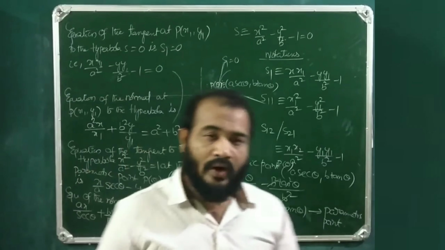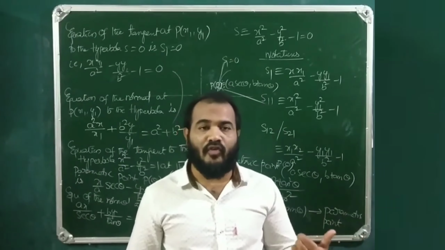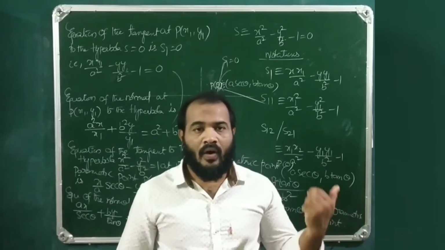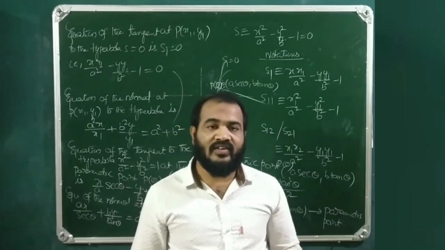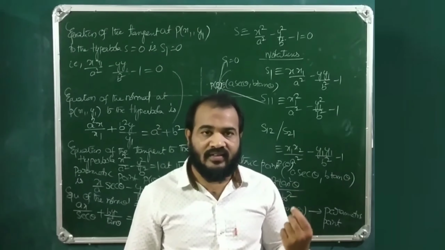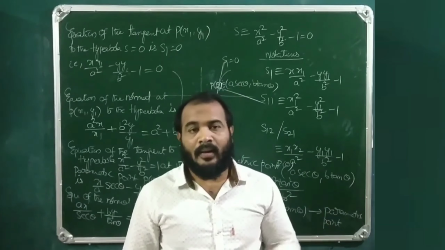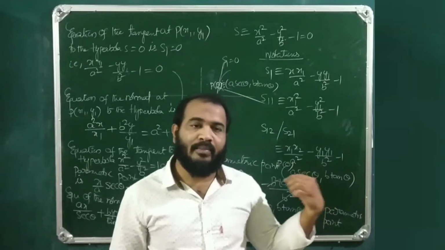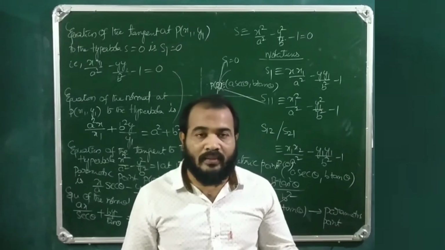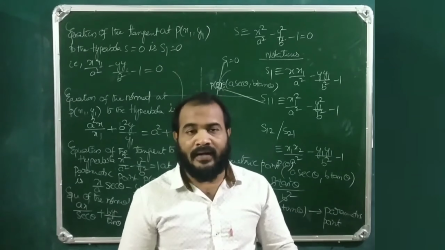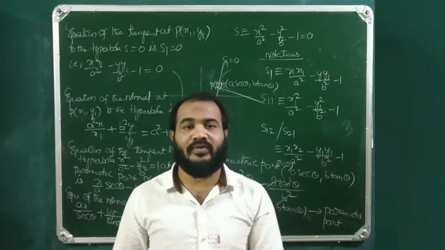Now what is the equation of the tangent in the slope form to the ellipse x square by a square plus y square by b square equals to 1? Y is equals to mx plus or minus square root of a square m square plus b square. But here in the hyperbola it is y is equals to mx plus or minus square root of a square m square, same everything, but in the place of plus b square we will be getting minus b square.